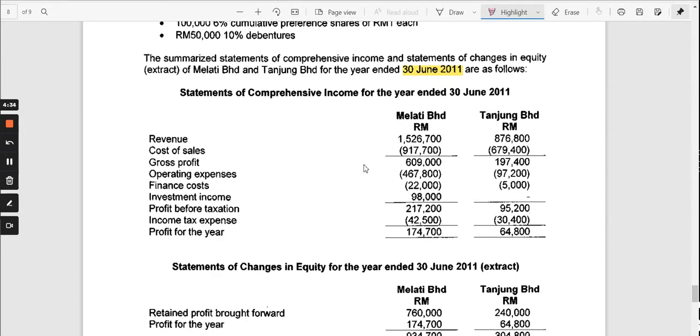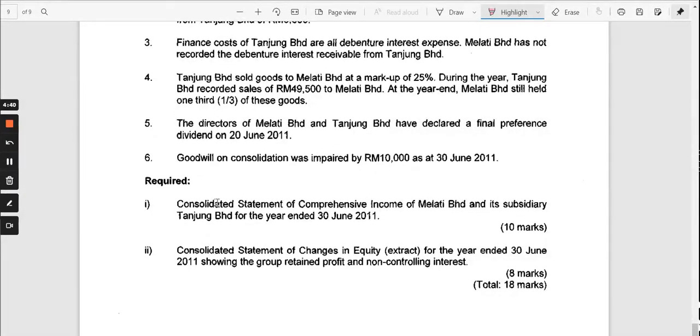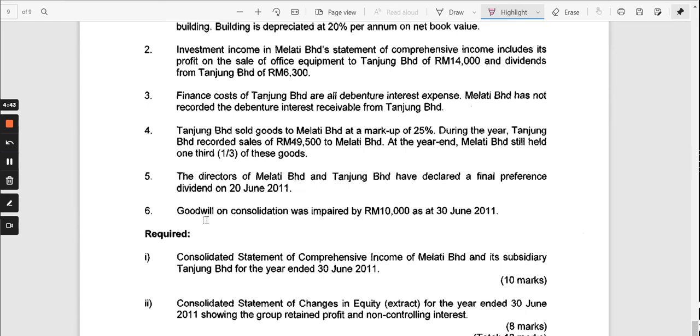So what are we required to do? If you go directly to the bottom here, you are asked to prepare the consolidated statement of profit or loss and other comprehensive income for Melati Berhad and its subsidiary.